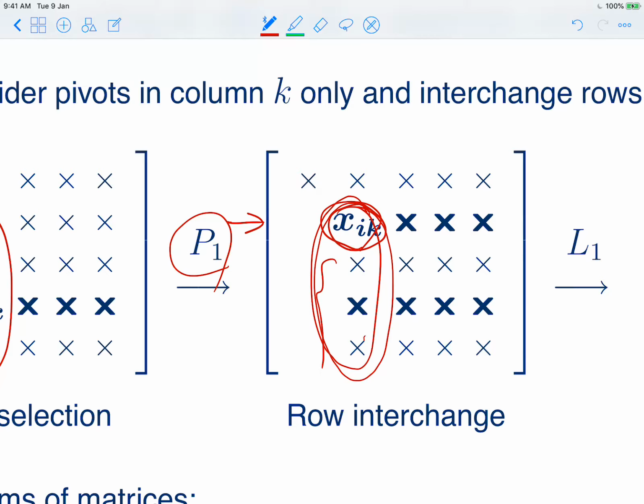But if this guy is the largest, it will interchange between the second and the fourth, right? So the second row will always be involved, right?